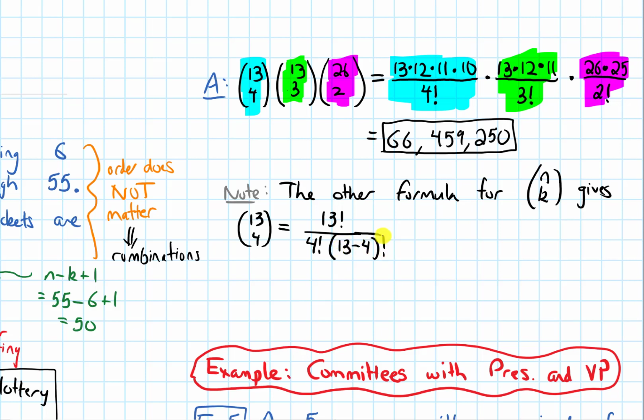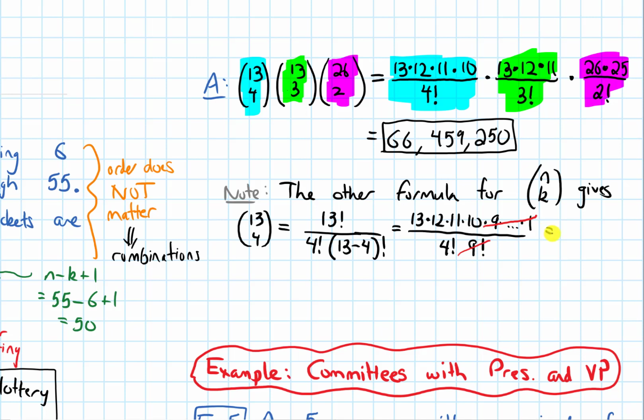If we simplify this, I write out 13 factorial on the top: 13 times 12 times 11 times 10 times 9 times ... until I get down to 1. And on the denominator, I have 4 factorial times 9 factorial. But I notice something really nice happens. The 9 factorial can cancel with all of these terms at the end. I could have also canceled the 4 factorial with some of the terms, but the 9 factorial is going to cancel with more of them, and that's why I decided to cancel the 9 factorial.